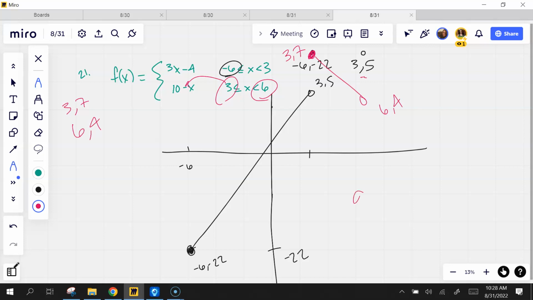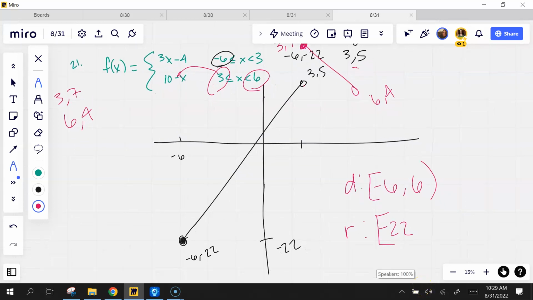Domain. -6, that's exactly right. Let's see. 3's included, so I'm going to go to +6. Yep. Go to parentheses. How about the range? What's the lowest it goes? Y value. Bracket or parentheses? Bracket.